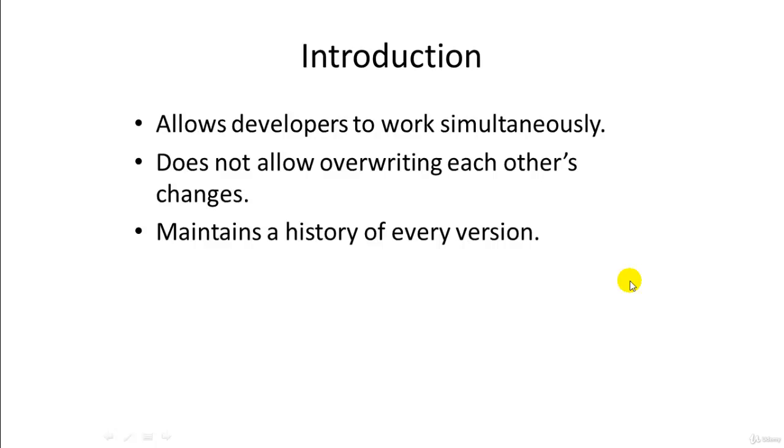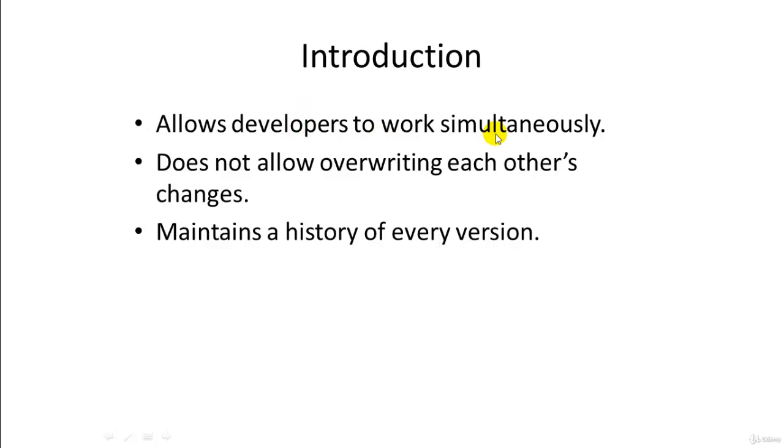This version control system is actually a software which keeps track of every modification to the code in a special kind of database. If a mistake is made, developers can track the particular mistake, turn back the clock and compare the earlier versions of the code to help fix it. So it allows developers to work simultaneously.